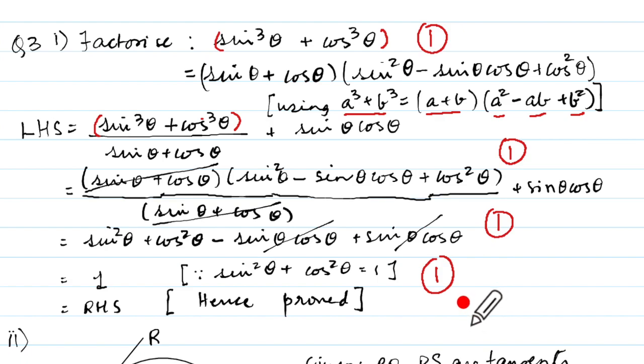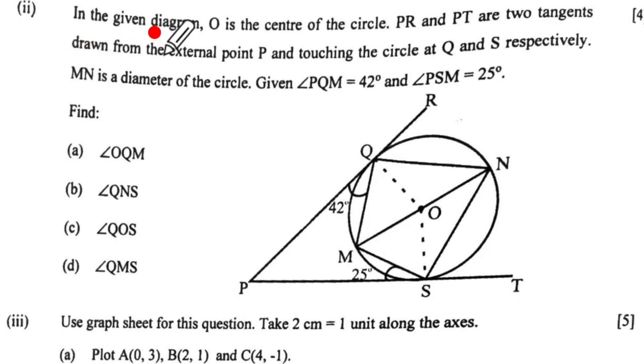Alright, so let us go to question 3 second part. In the given diagram, O is the center of the circle. So we look at this O. PR and PT are 2 tangents drawn from the external point P. So from P we have these 2 tangents from the external point, and they are touching the circle at Q and S respectively.